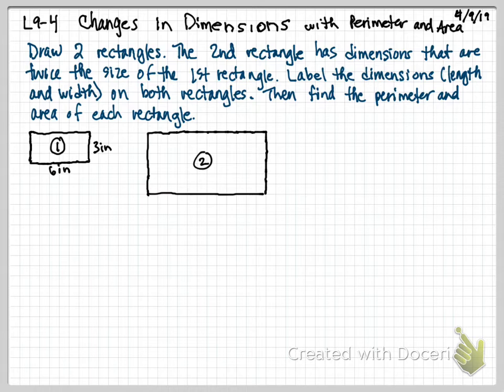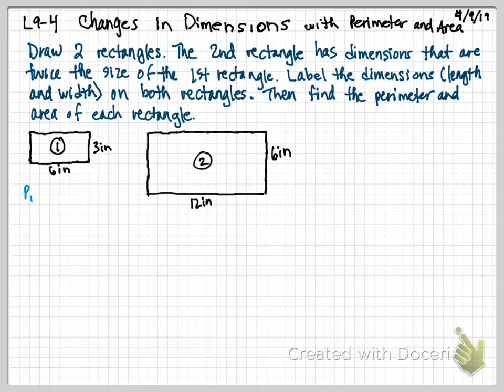So his dimensions are going to be 6 inches by 12 inches. Okay? So what we're going to do is figure out the perimeter and the area for the first one, and then do the same thing for the second one. So let's start with perimeter.